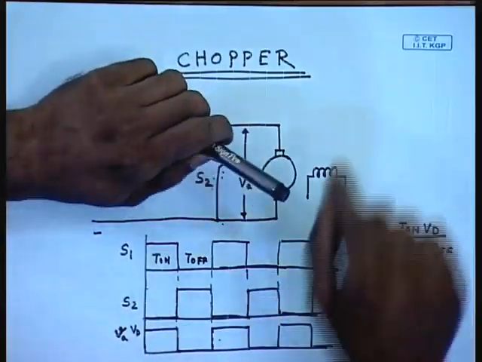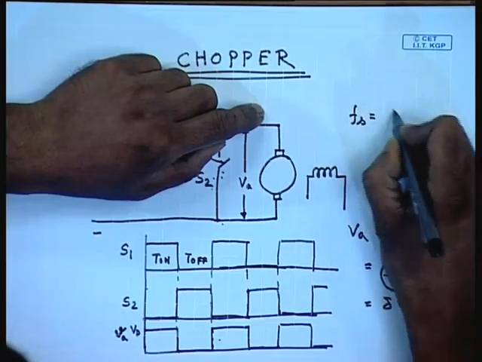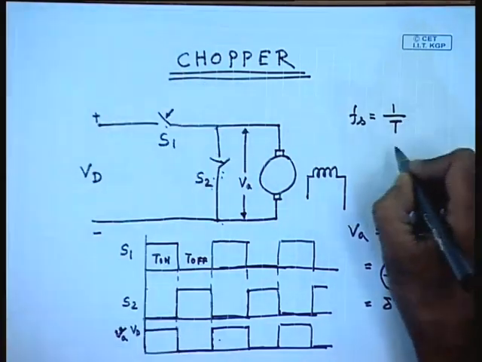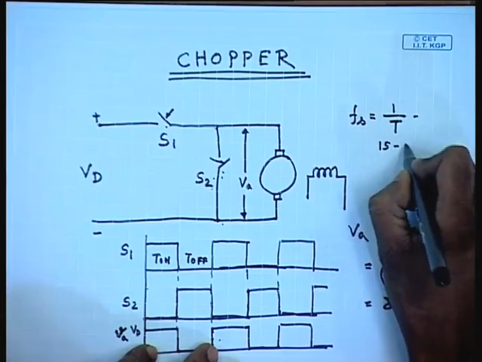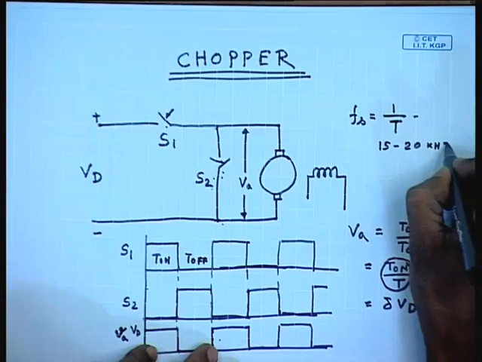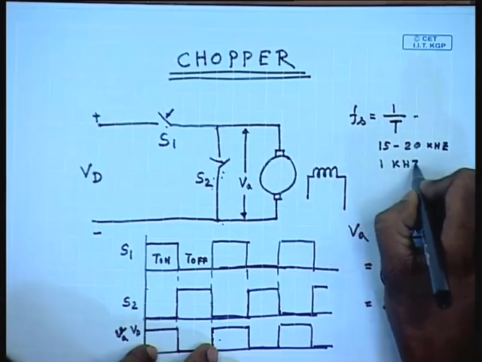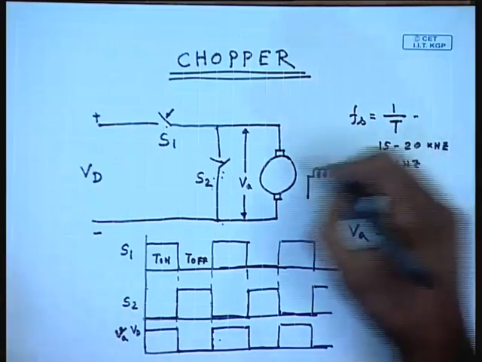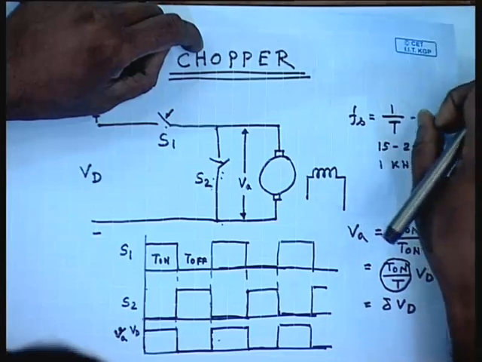Now, the speed of a DC machine will mostly depend on the average voltage, because this chopping is done at very high switching frequency. The switching frequency Fs equal to 1 by T is usually kept constant, and this can be in the range of 15 to 20 kilohertz for smaller machines. Even for larger machines it will be greater than 1 kilohertz. Now, the DC motor armature, because it contains winding, also has some amount of inductance.